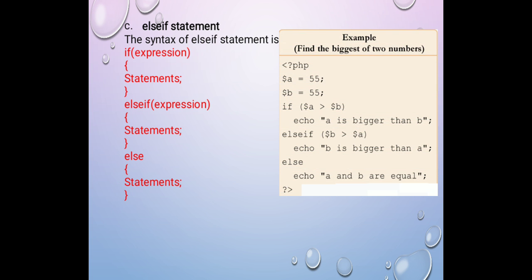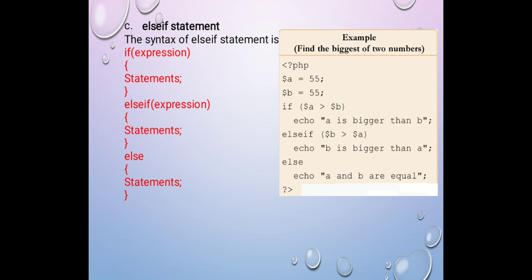Consider an example. Angle bracket open PHP, and $A equal to 55, $B equal to 51. Check the condition. If A greater than B, echo A is bigger than B. Here the statement is false. Then go to the next statement, else if B greater than A, here it is also false. So go to the next statement, the else case, echo A and B are equal.